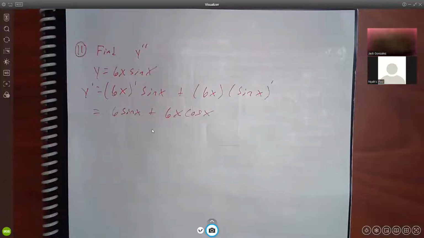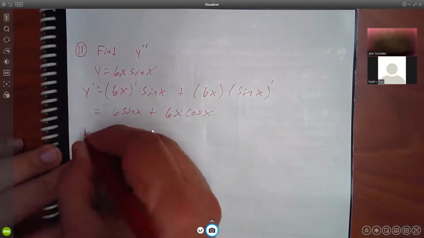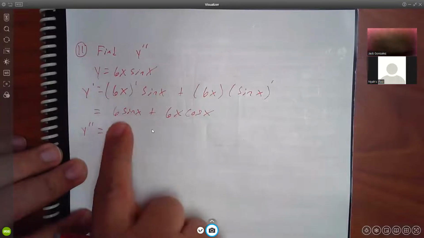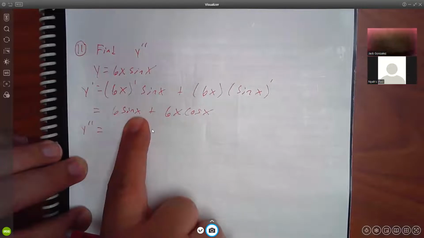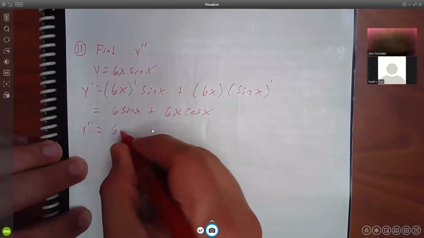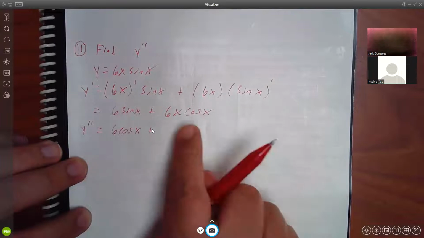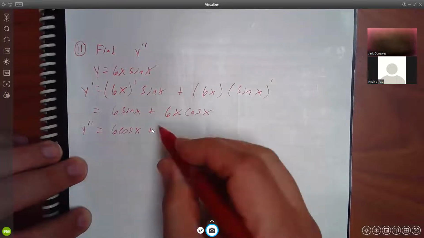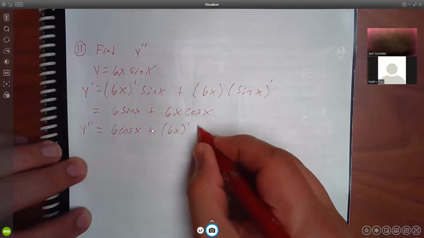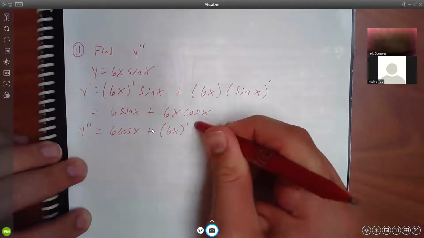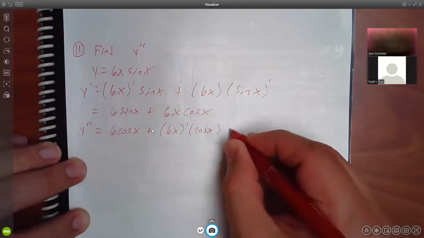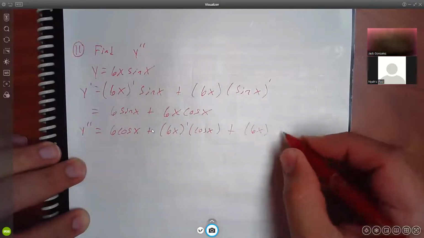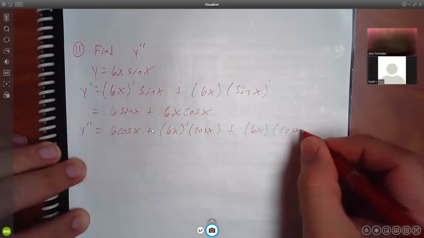Okay. Now we gotta do it again. y double prime. So take this solution and take a derivative again. This is another product rule: the derivative of the first times the second, plus first times the derivative of the second piece.